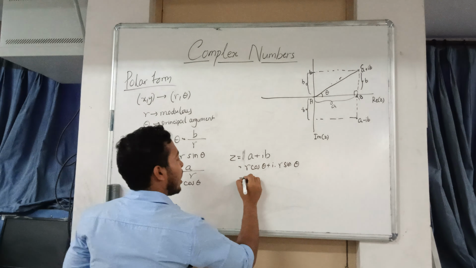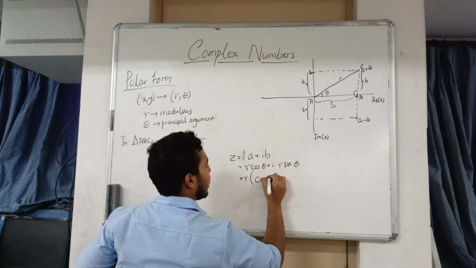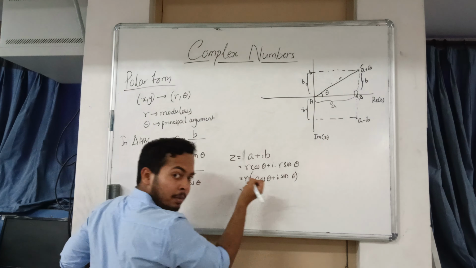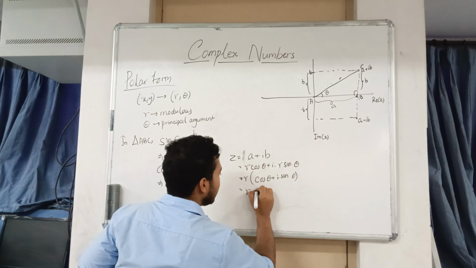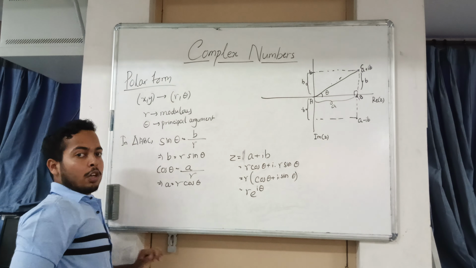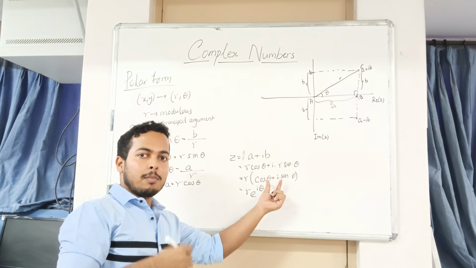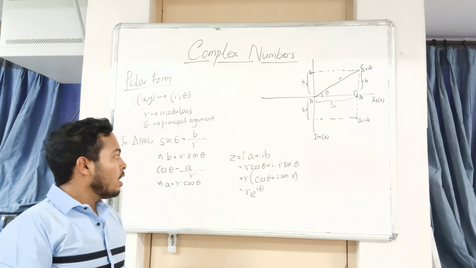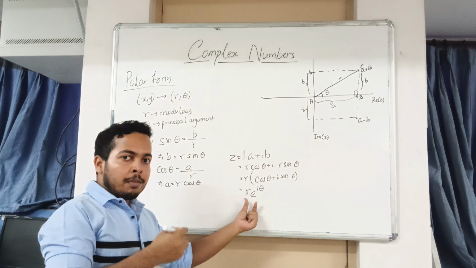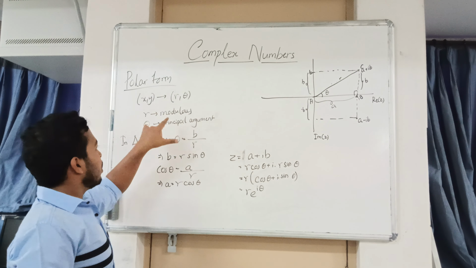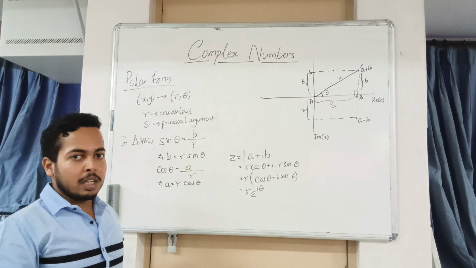That becomes r times cos theta plus i sin theta. And that becomes r e to the power i theta, where this e to the power i theta is equal to cos theta plus i sin theta. And this is the polar form representation of any complex number z with modulus r and principal argument theta.